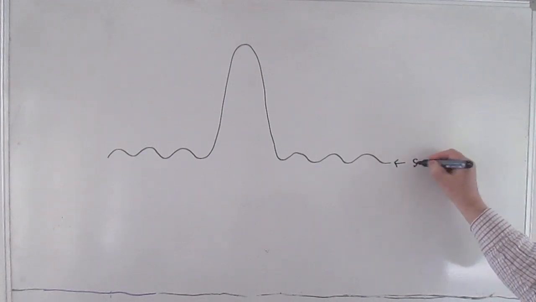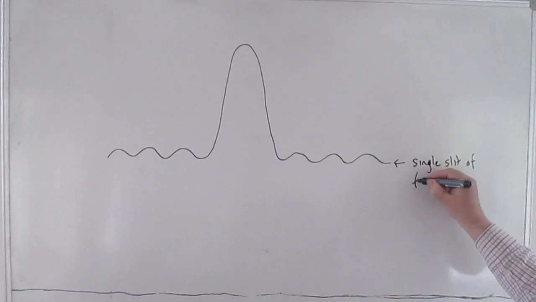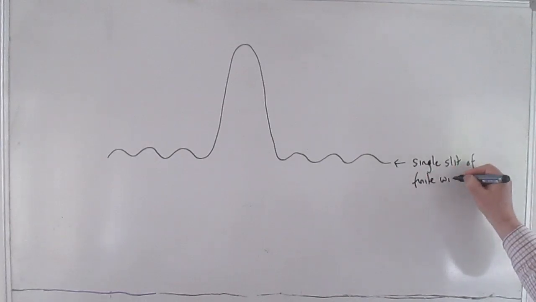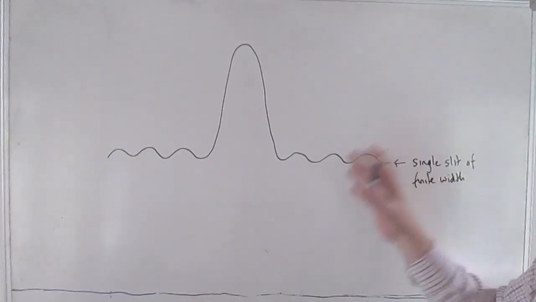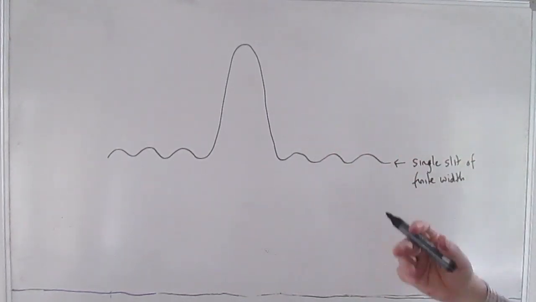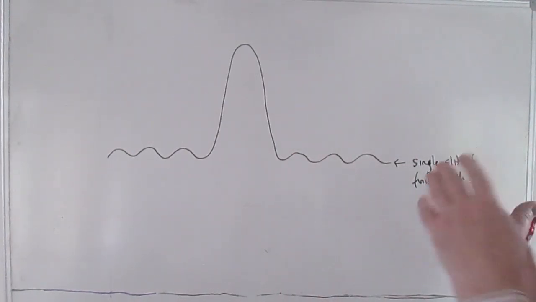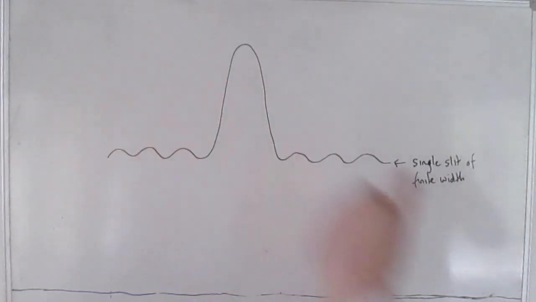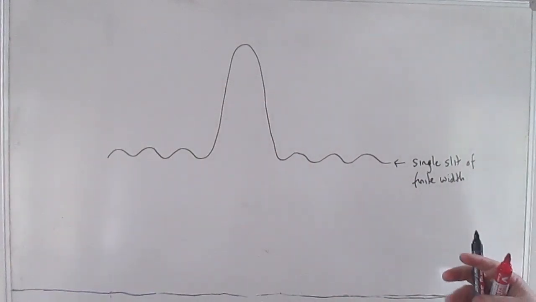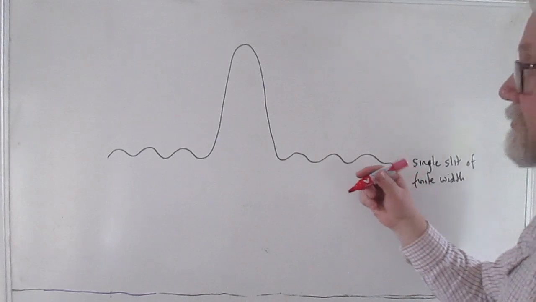So this is the single slit of finite width distribution, and what happens then is that that distribution is superimposed on the fringes that you get from the double slit experiment. So again, if you had infinitely narrow slits, the fringes would all be equally bright, going out to all angles, but they're not, because it's superimposed on this distribution.